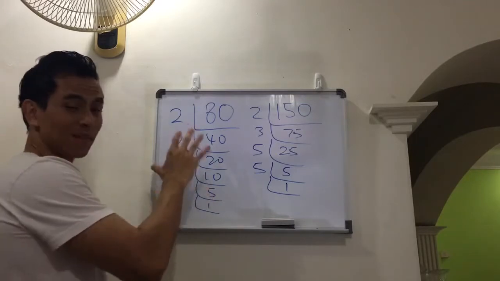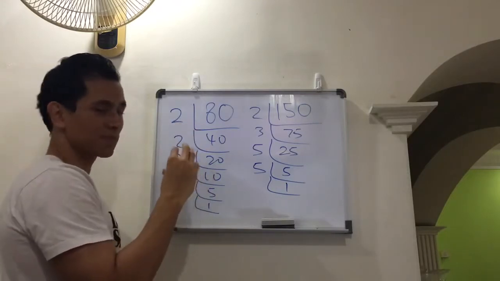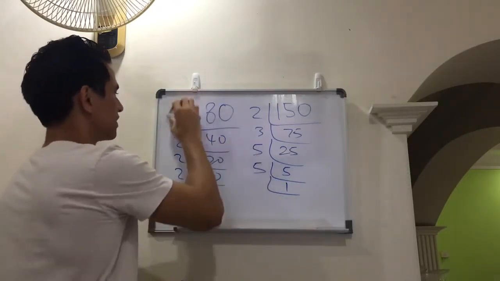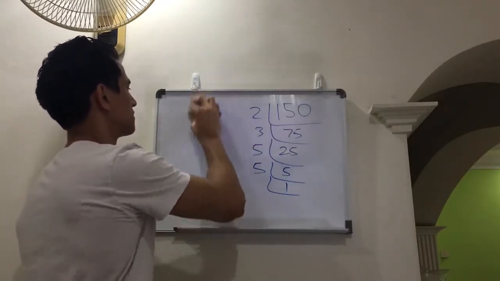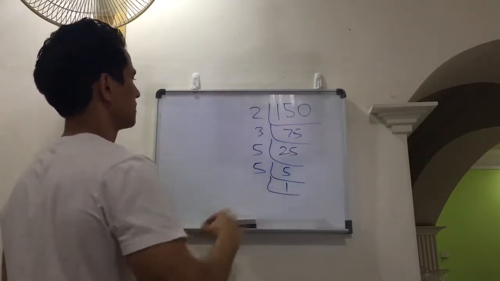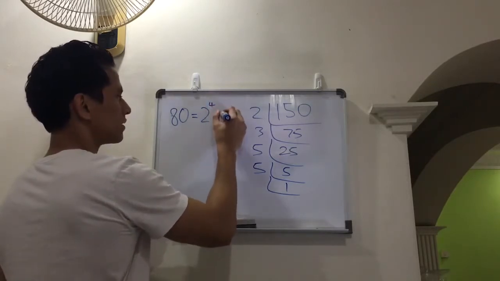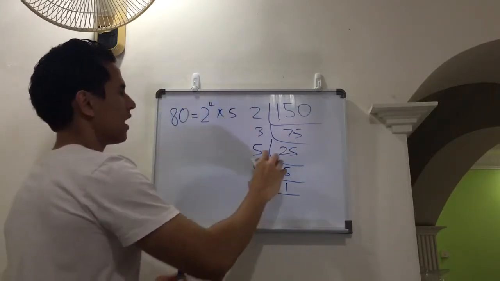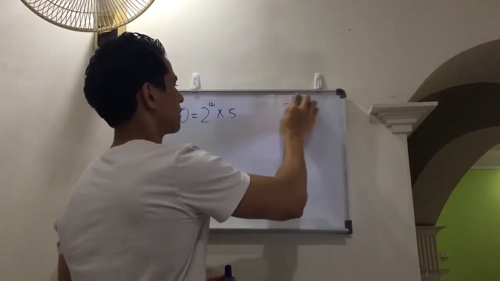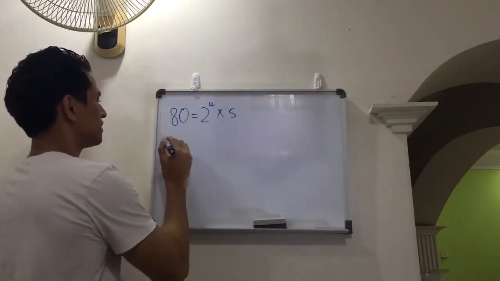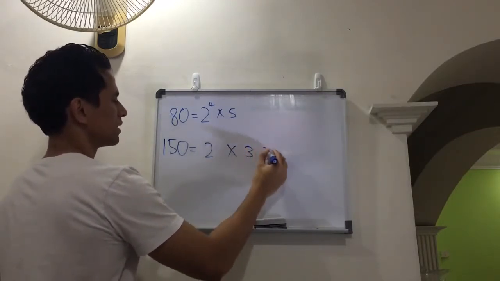Okay, so now that we have done the prime factorization, we will do the next step, which is to list the numbers in index notation. So it will be as follows. 80 equals 2 to the power of 4 times 5, and 150 equals 2 times 3 times 5 squared.